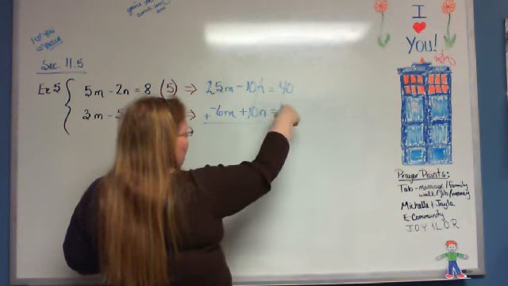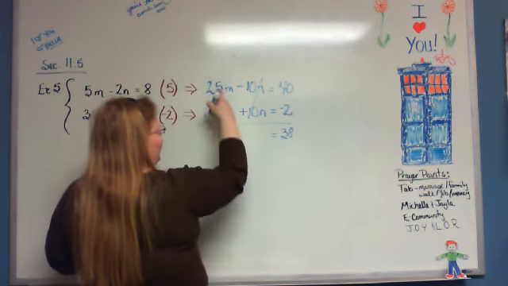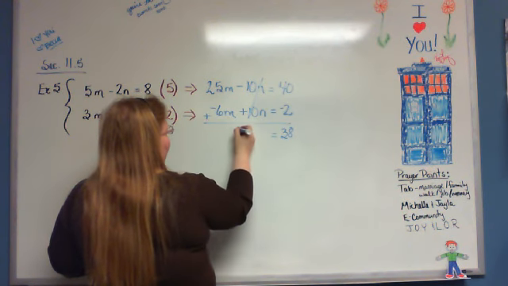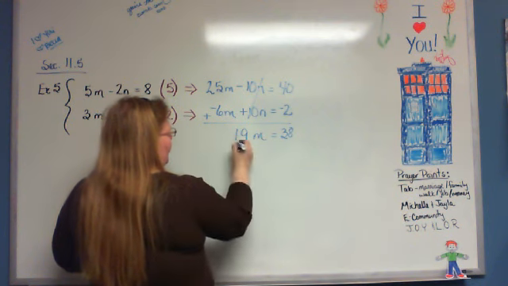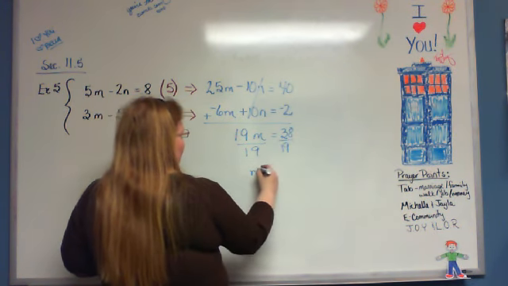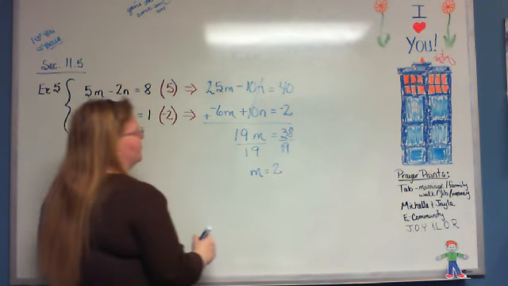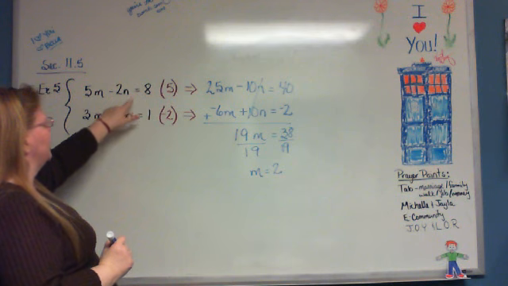Over here, that gives me 38. Over here, I have 19m. Divide both sides by 19. M equals 2. Now I can take it and plug it back into either of these.